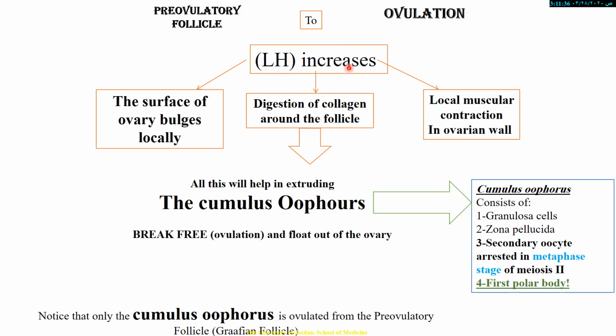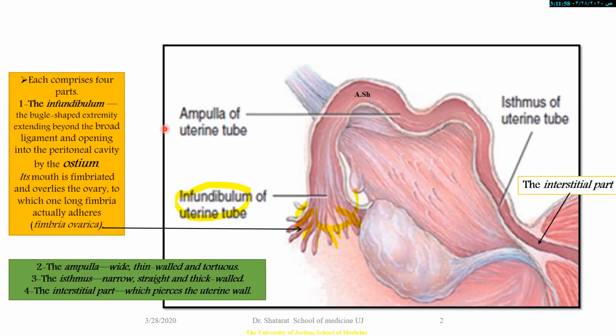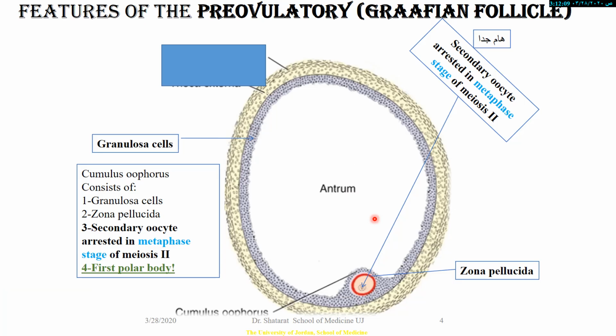LH increases. We have reached day 14 of the menstrual cycle, and LH increases. The surface of the ovary bulges locally, so under the influence of LH, the wall of the ovary bulges locally. So we are talking about this here. The wall in this area of the ovary would bulge because under it there is a Graafian follicle that needs to rupture.